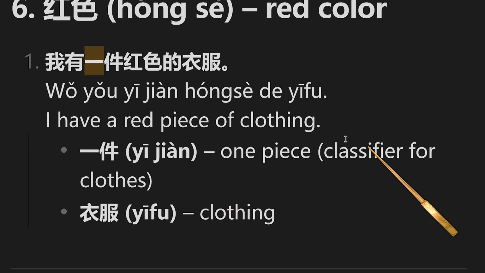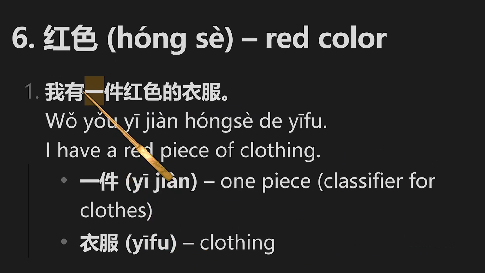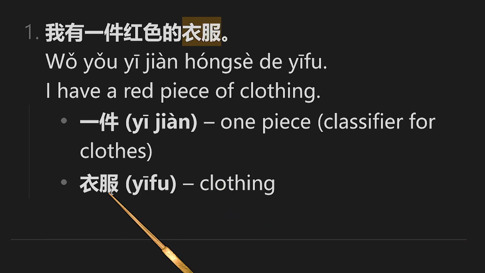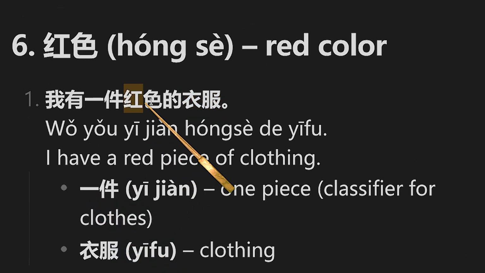It's one piece, a classifier for clothes. 我有一件, one piece of 红色的, red one, and 衣服, it's clothing. So as you can see, the classifier goes before the adjective. 我有一件红色的衣服, not 我有红色一件的衣服. It's wrong. 我有一件红色的衣服.